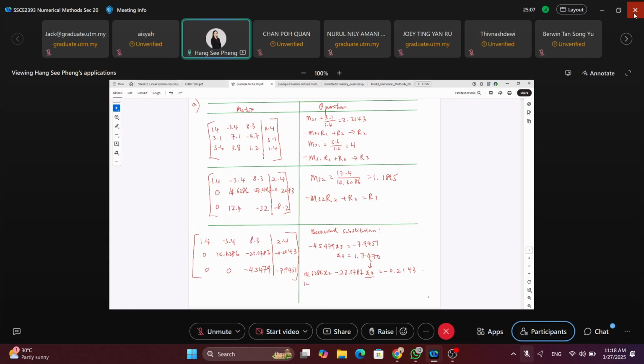Okay, 1.7470 equals to, so solve for x2. So this plus this multiplied by this, divided by 14.6286. This is equation 2, sorry.